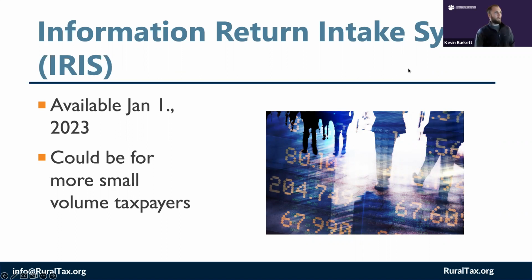Because they're planning for it to be available early next year, you may not find a lot on the website about it. I would think a Google search of IRS should show some information about it, because that's when I came across it while getting information ready for this presentation. So I would say it's kind of a wait and see, and hopefully some more information will be available soon.